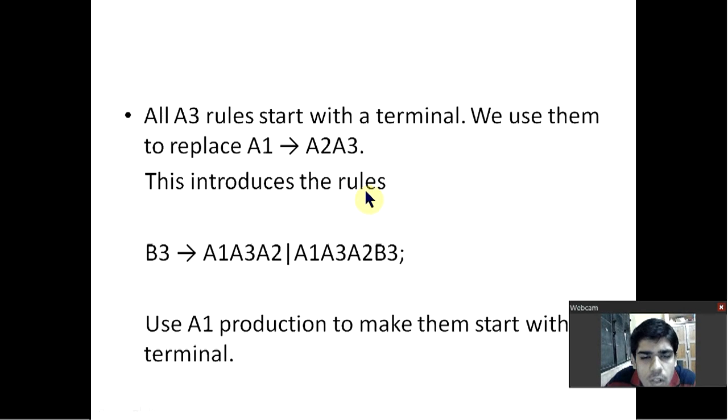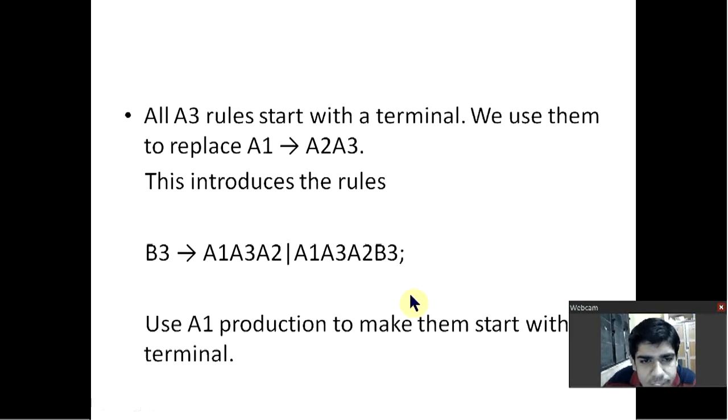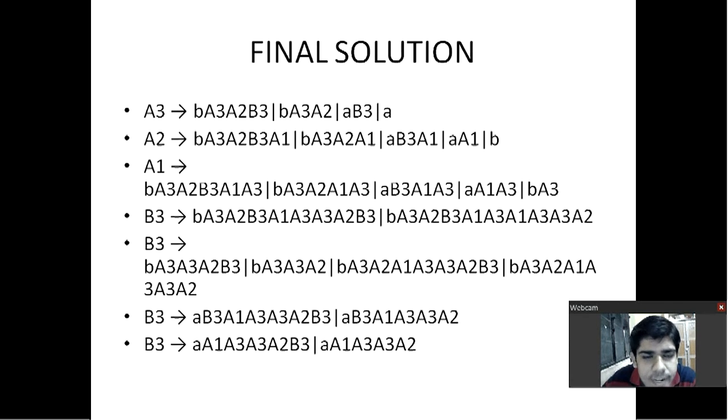Now since all the productions of A3 rules start with the terminal, substituting the value of A3 in A1, A2 and A3. By substituting the value of A3 in A2, we get A2 this. In A2 also, all the symbols start with the terminal.